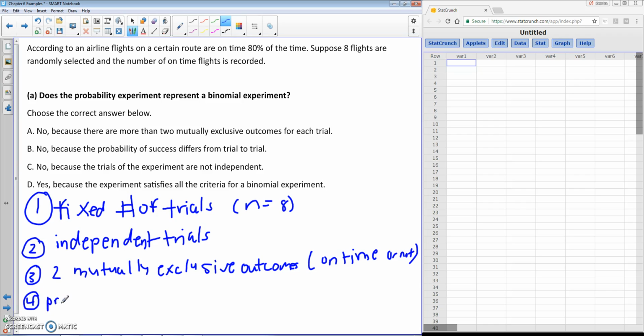And then the probability of success is the same for each trial. So probability for each trial. Probability here is 80%. So our 4 conditions are met, so we have a binomial experiment.